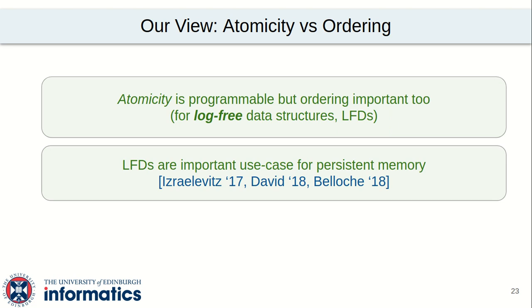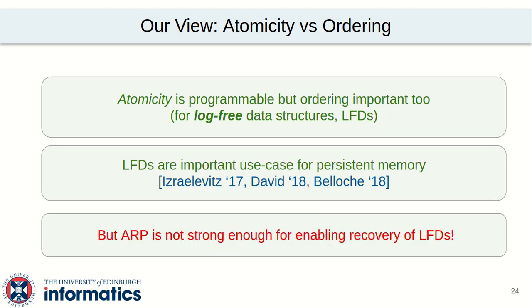We believe LFDs are an important use case for persistent memory, and there is much recent research on developing them. Unfortunately, we observe that the ordering semantics in ARP, acquire-release persistency, is not strong enough to enable recovery of lock-free data structures. To see why, let's consider the multi-threaded version of the same linked list example.